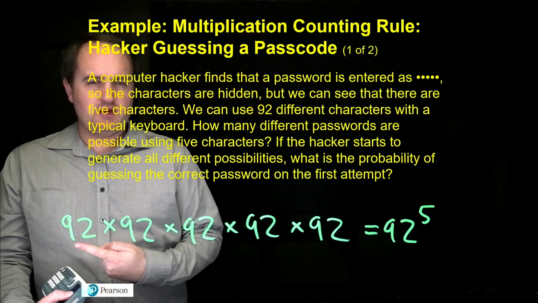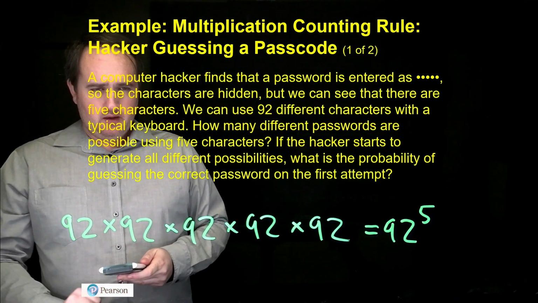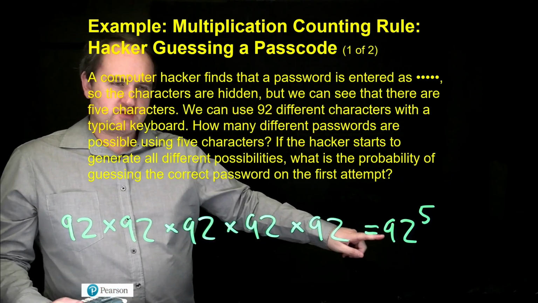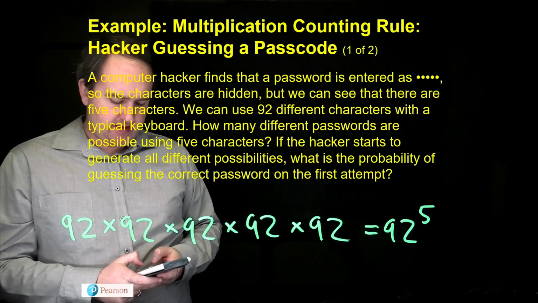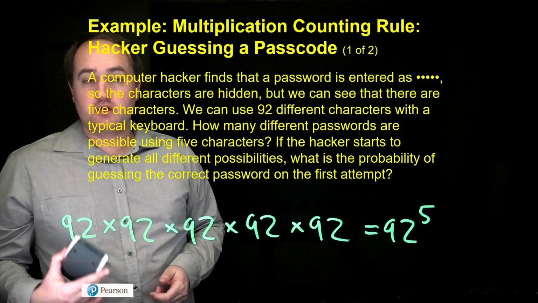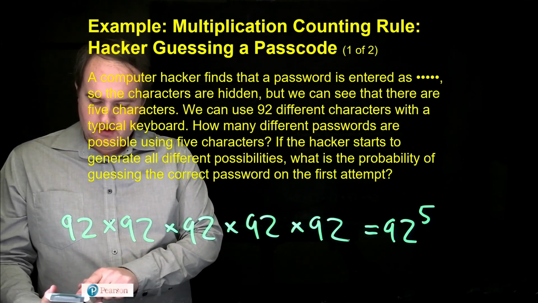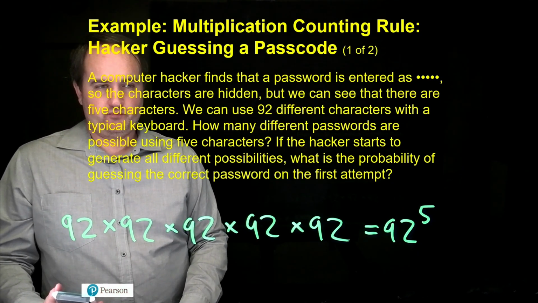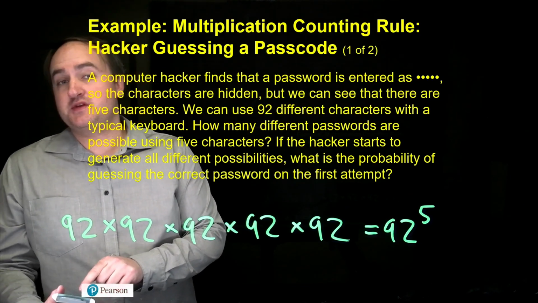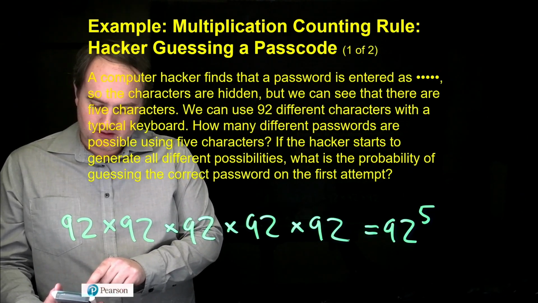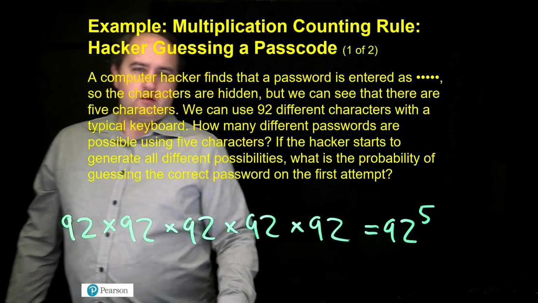You can either type in 92 times 92 times 92 times 92 times 92, or just type in 92 to the 5th power on your calculator. That gives me a very large number with a lot of digits.